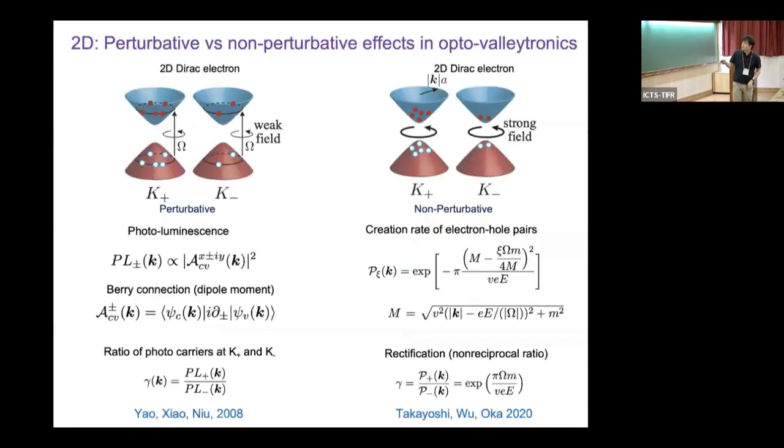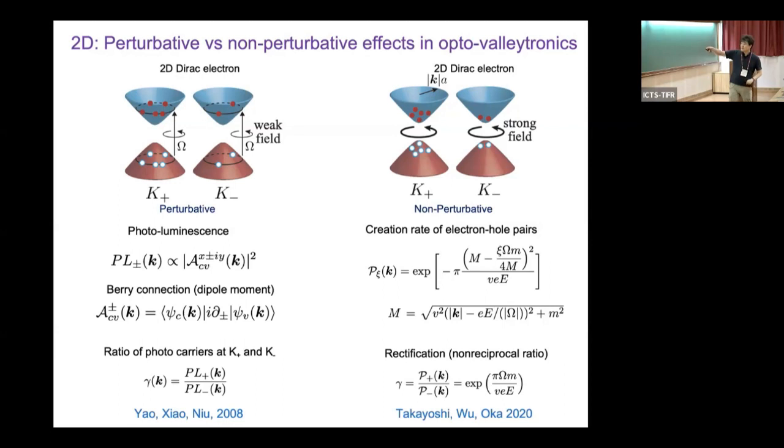Another experimentally relevant situation is to apply circularly polarized light to a two-dimensional Dirac system like TMD. So you have K and K prime points. You can have circularly polarized laser light. It is well known that Yao and his collaborators theoretically predicted that there is a very strong difference in the optical selection rule.